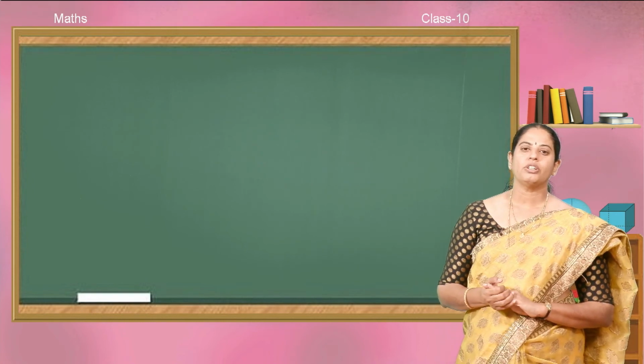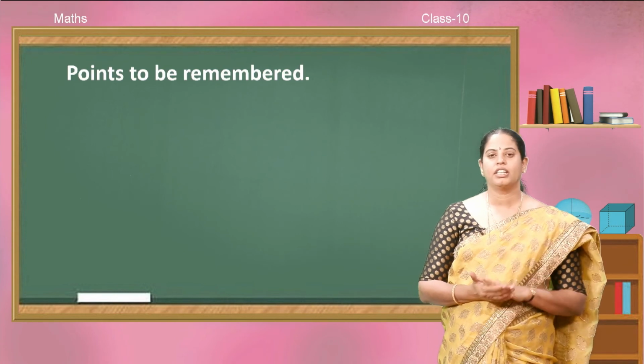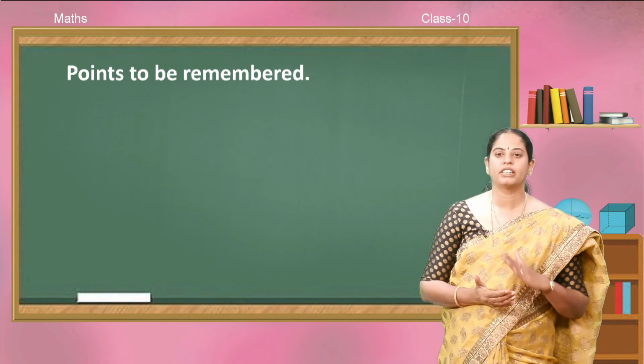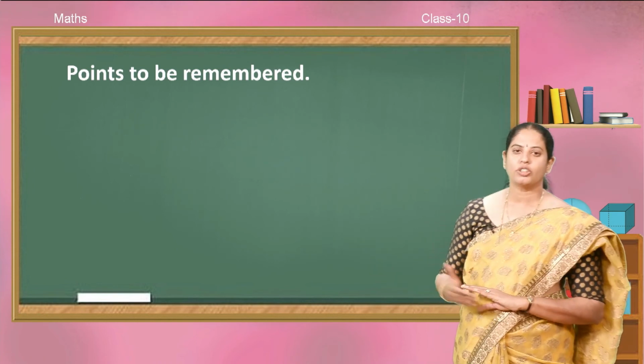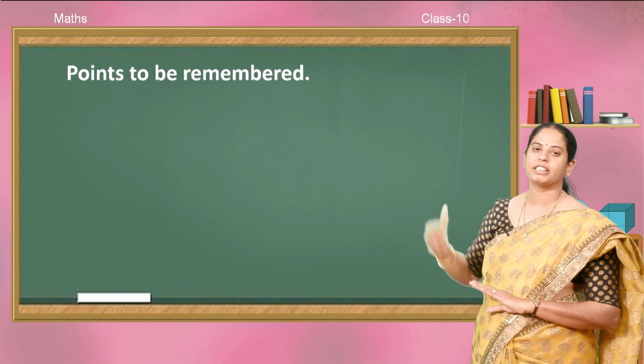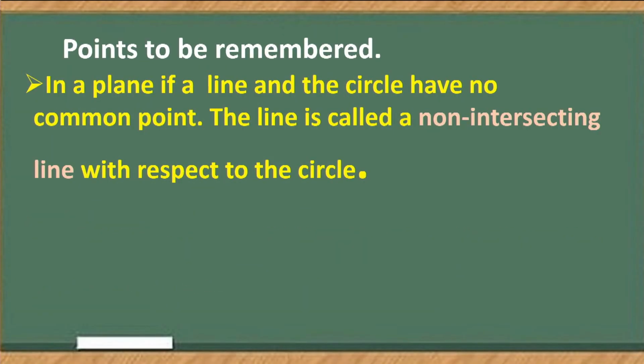Okay. So, from the beginning session, the important concepts that we have learnt in this chapter are listed here. Once you go through this, children: in a plane, if a line and the circle have no common point, the line is called a non-intersecting line with respect to the circle.